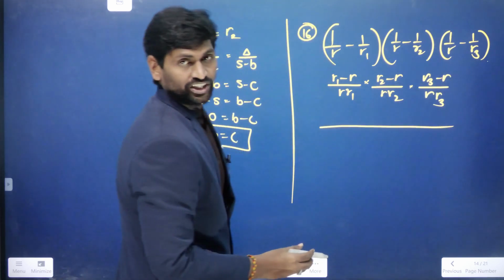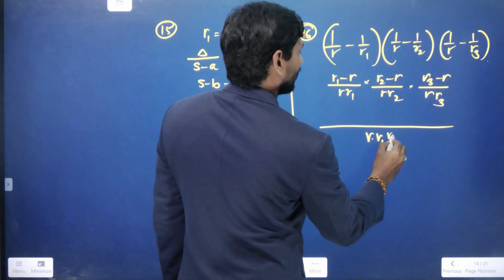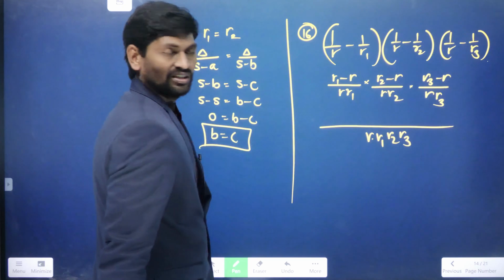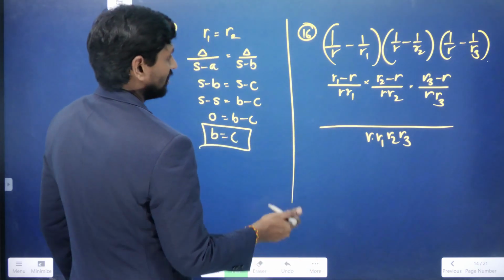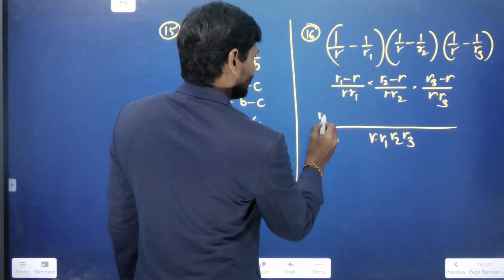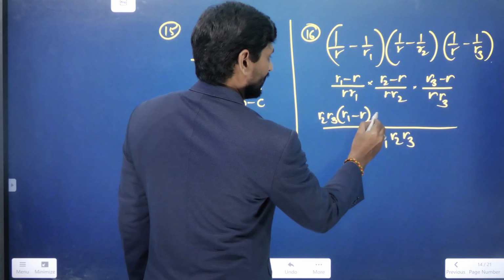While you are observing, the denominator will be r into r1 into r2 into r3, taking the common.